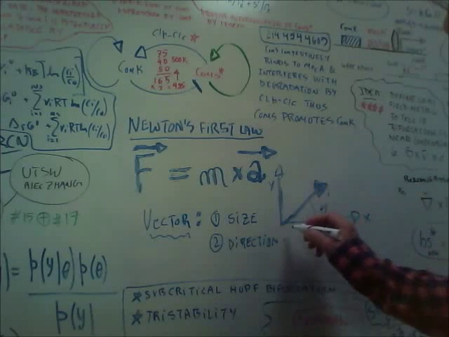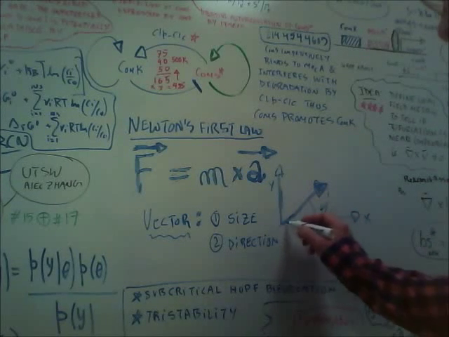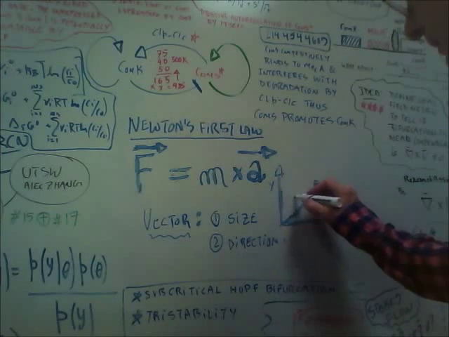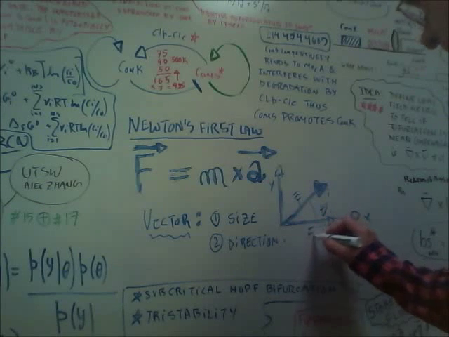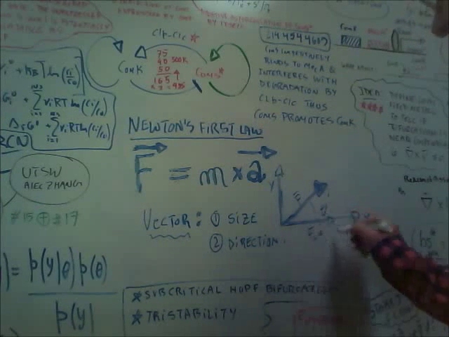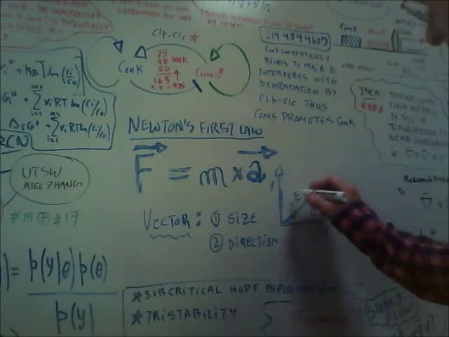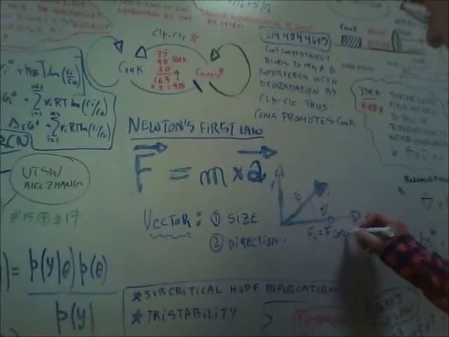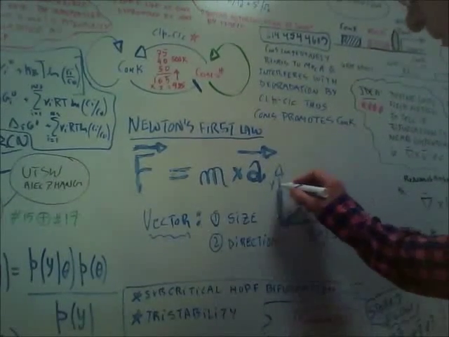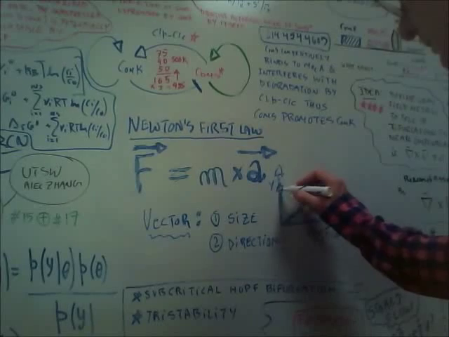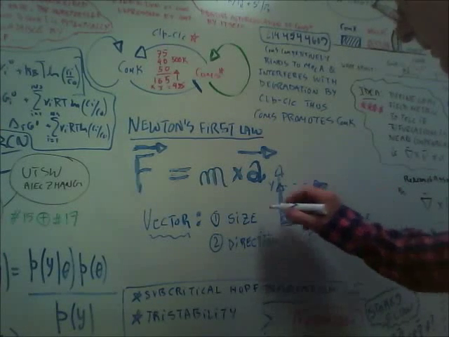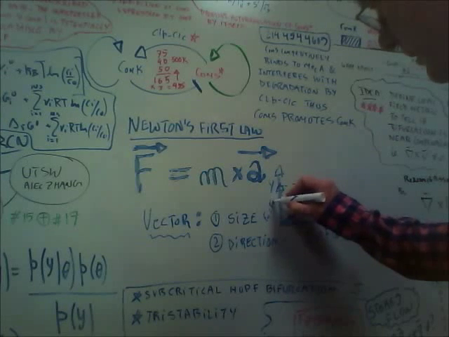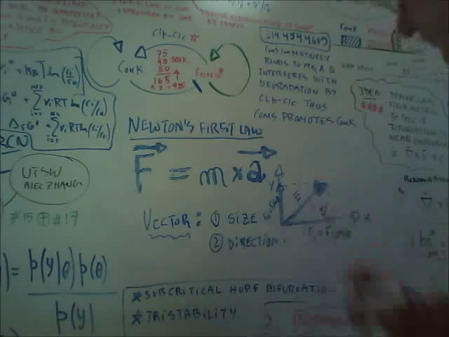So by projecting along the axis, it has two components. Let's say we call this F, then Fx, the x component of the force would be F, the modulus or the size of the force times the cosine of theta, whereas the y projection, Fy is equal to F times sine theta.